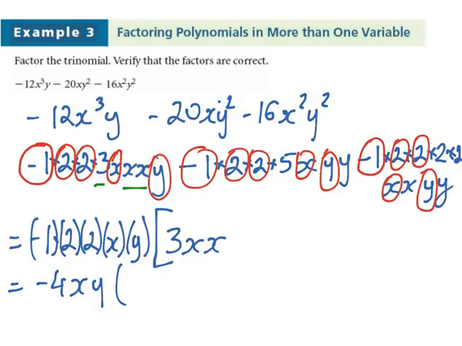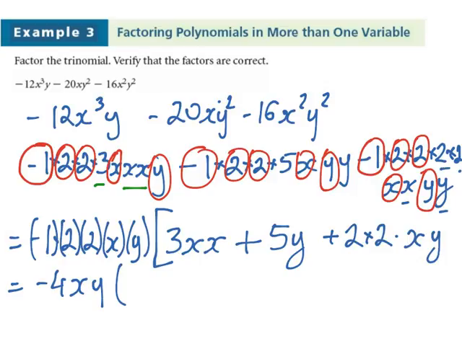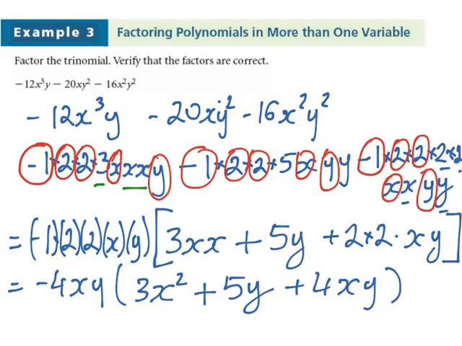What about the middle term? We have plus a 5 and a y. And the last term we have 2 times 2 times x and y. We're going to close the bracket, and we're going to simplify this. So 3 times x squared, plus 5y, plus 2 times 2 is 4, and we have x and a y. And here is our answer. Here's our factored form.